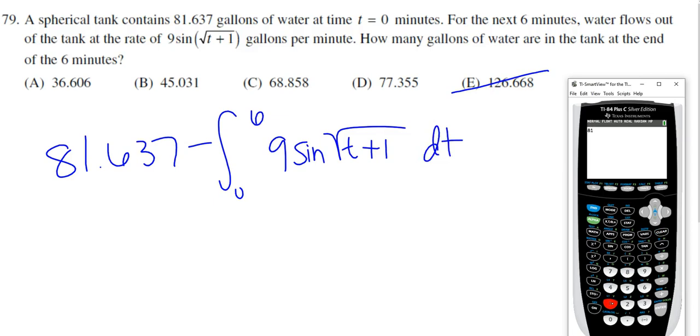We've got 81.637 minus math 9 from 0 to 6, 9 sine of the square root of x plus 1 dx. And I'm getting 36.606 if we round, so A.